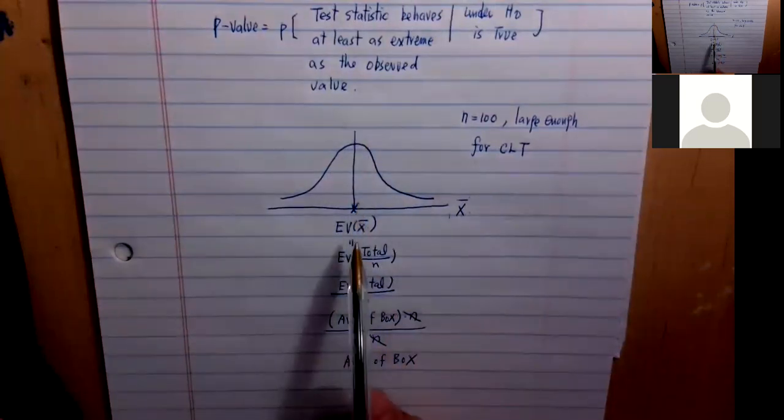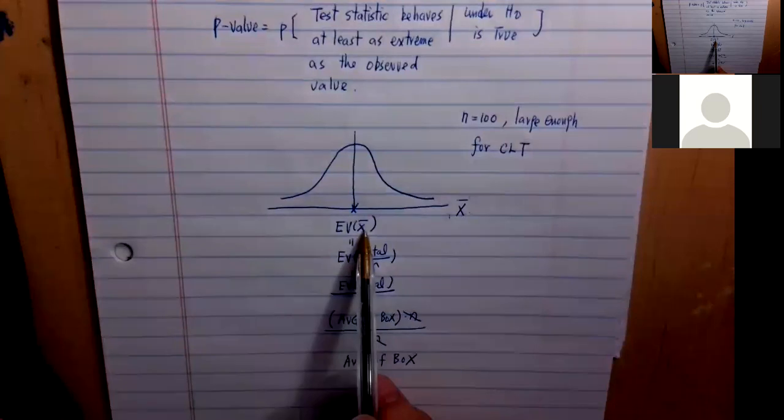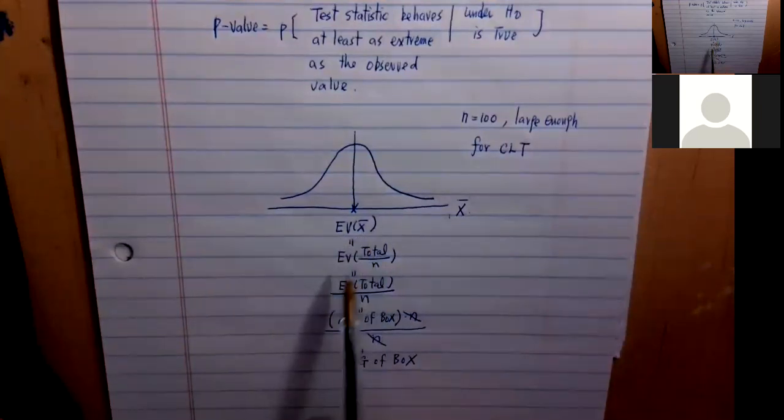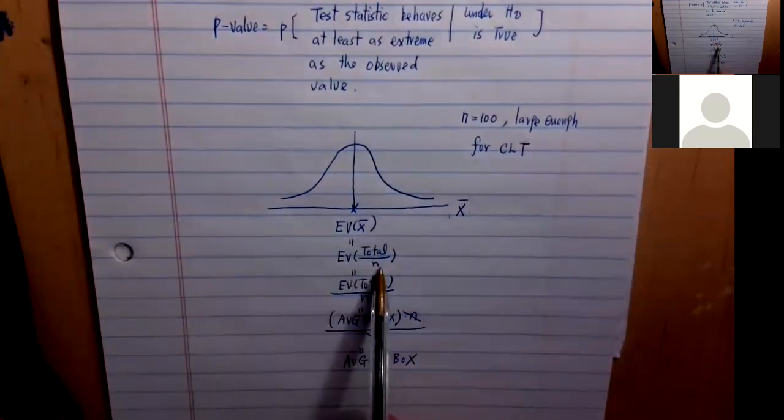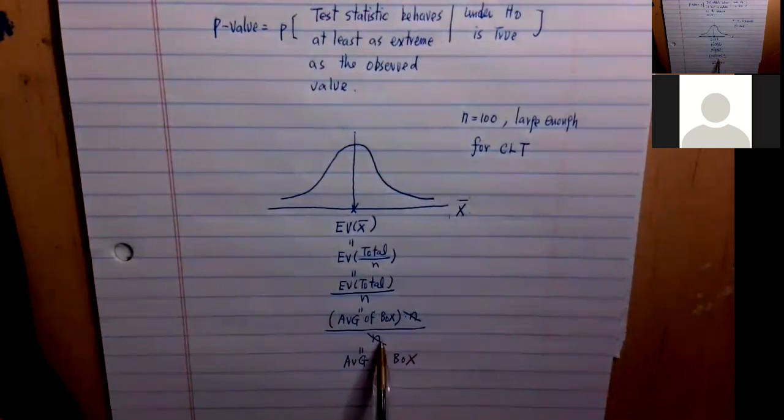The center of the distribution is EV sample mean. EV sample mean is EV sample total over N, and that's EV total divided by N. But EV total is average of the box times N, divided by N. N cancels, so it's just the average of the box.